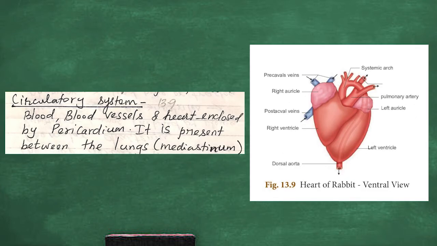Then comes circulatory system. Circulatory system consists of blood vessels and heart. Heart is enclosed by two-walled pericardium. It is present between the lungs. That is why it is known as mediastinum.